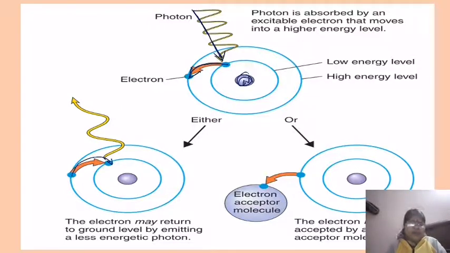Now it will emit a certain wavelength of light, and this phenomenon is called phosphorescence. You must have read in chemistry.